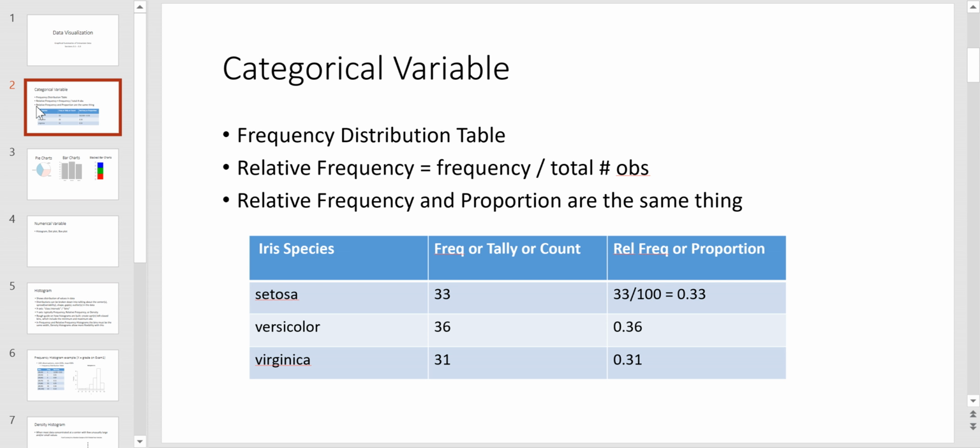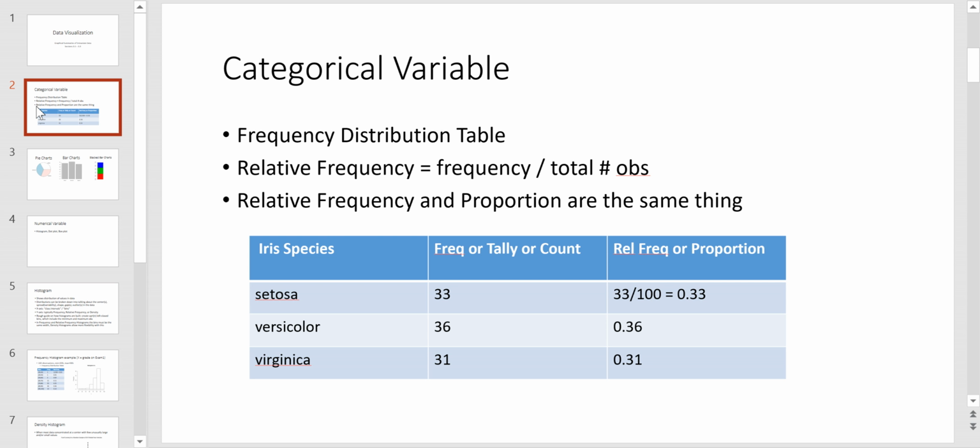First off, this may not be considered a graph, but a table is incredibly useful when summarizing this type of variable, specifically a frequency distribution table or a relative frequency distribution table. So what is this? It's much easier to show you an example than to try to describe it. It's exactly what the name suggests.